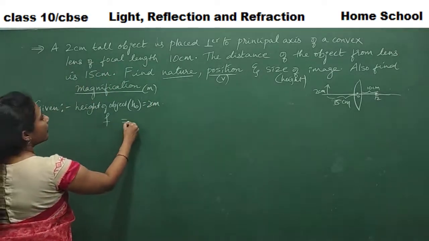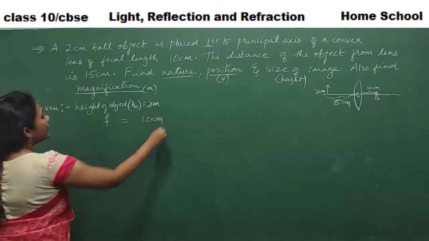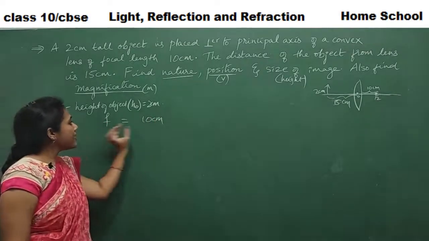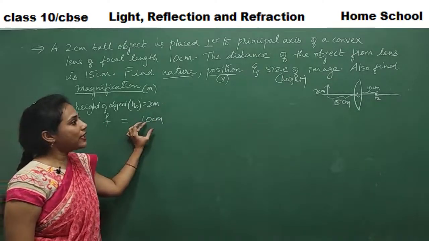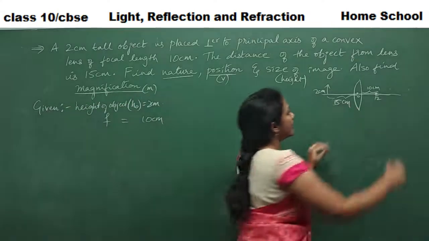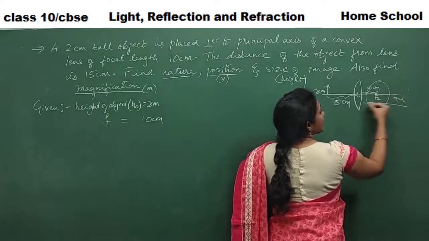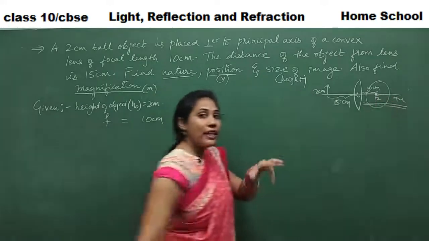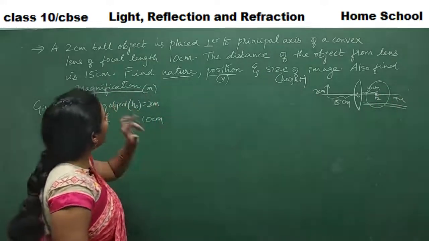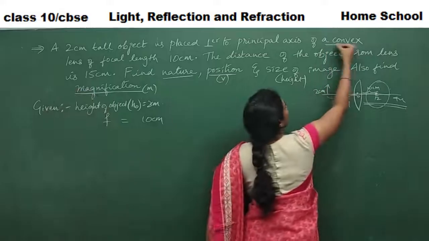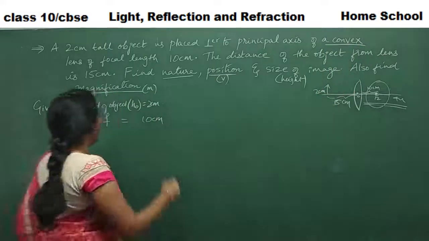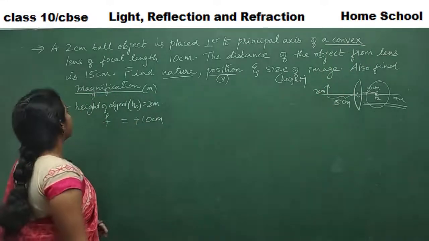F is equal to 10 centimeter. Can you recall what sign you have to give for the focal length? This focal length we are considering is in the positive x-axis, right? So you will always have positive focal length in case of convex lens. So I will take plus 10 centimeter.